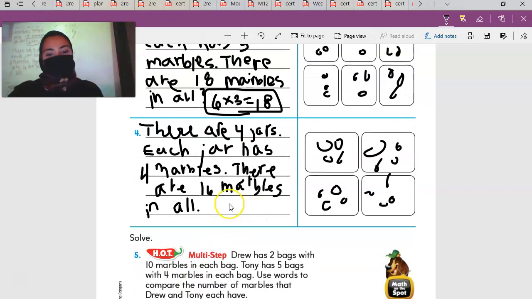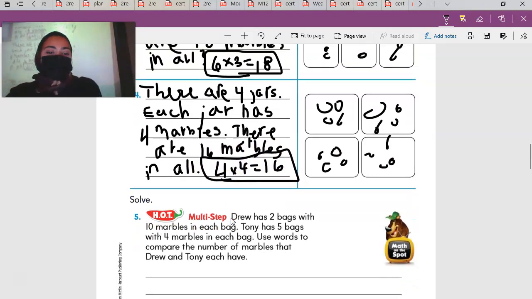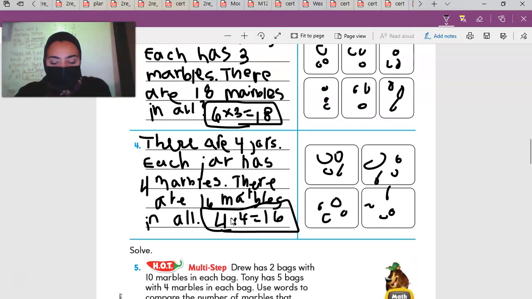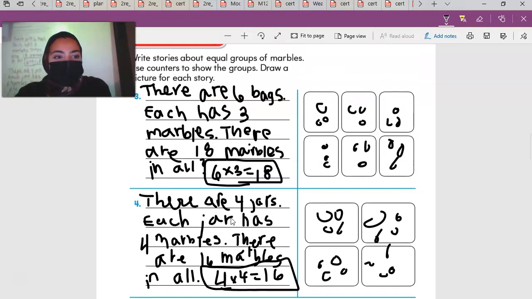And the multiplication sentence to this is 4 times 4. What's 4 times 4, class? 16. Thank you, 16. Okay, very good. If you need time to write this down, you can pause the video now.